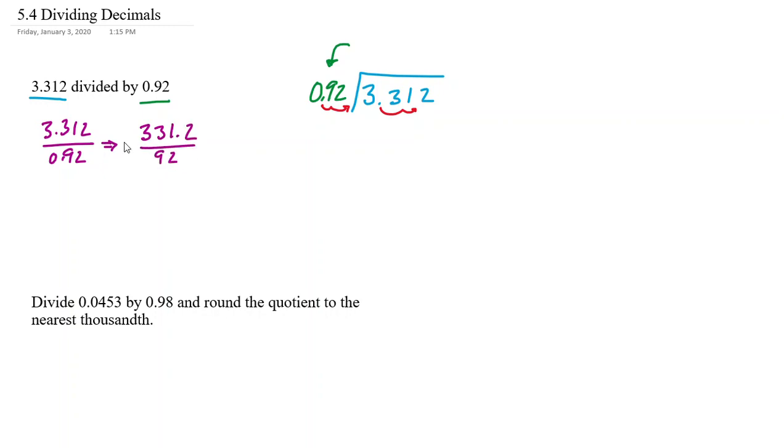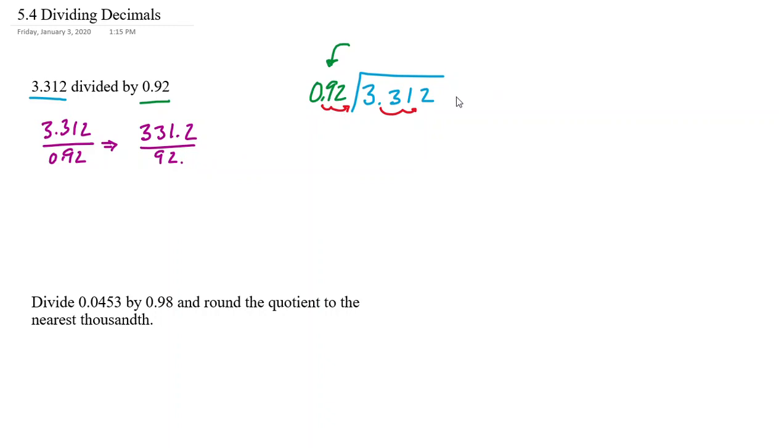And that's an equivalent fraction because we multiply the top and the bottom by the same thing. So that's what we're doing. We're just going to multiply the thing we're dividing into and the thing we're dividing by the same thing, with the goal of getting the denominator, or the thing we're dividing by, to be a whole number. Okay, that's just going to make this easier to deal with.